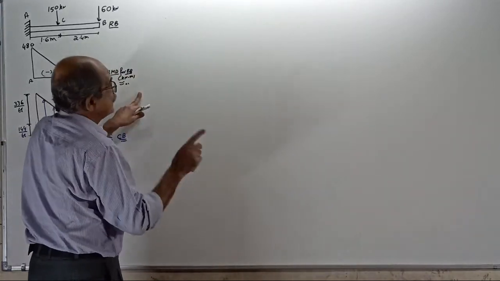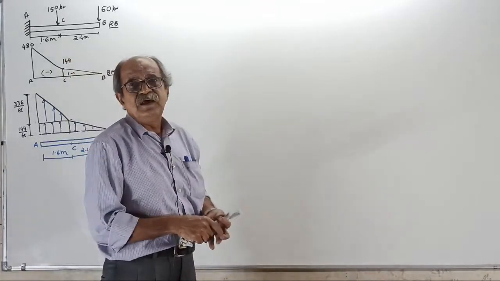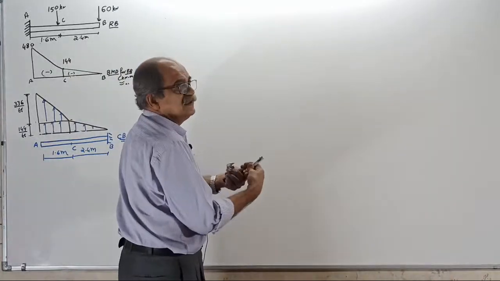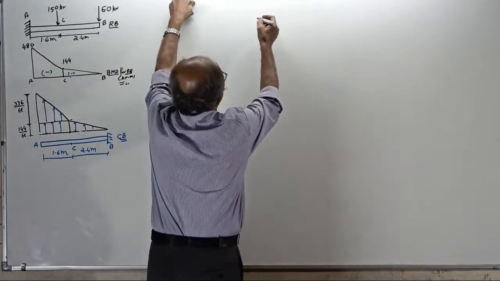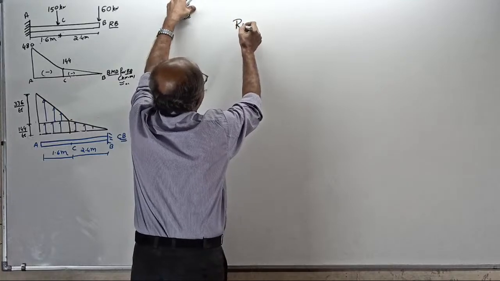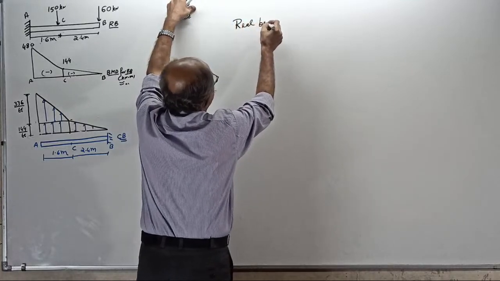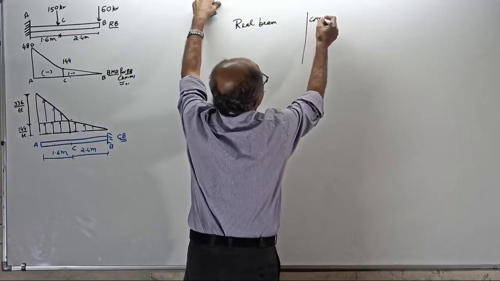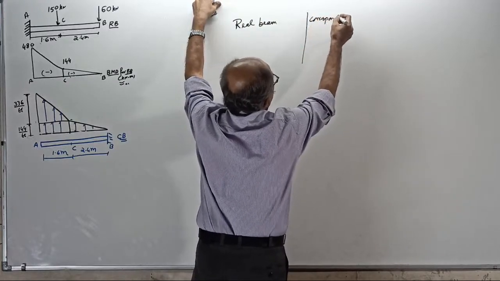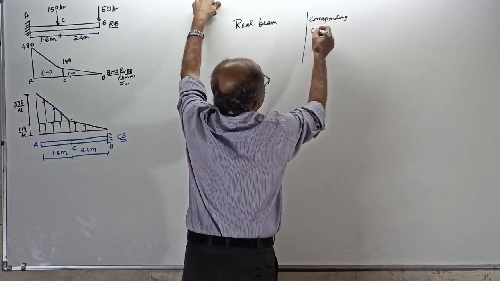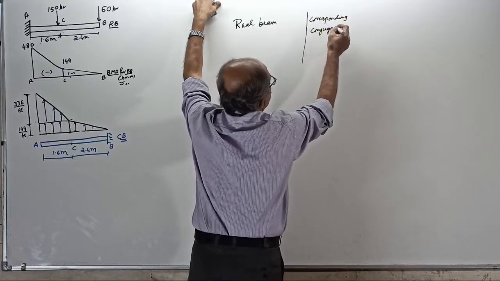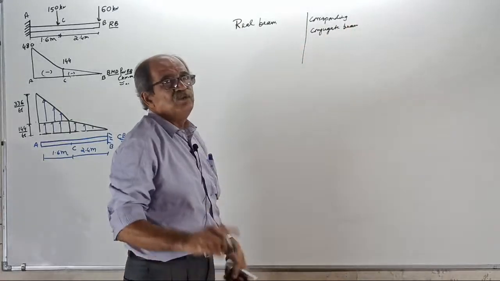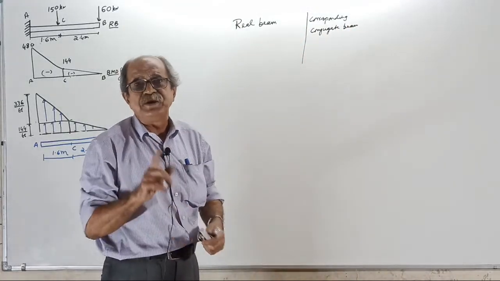Okay, start. First, before going further, some information. I told earlier, it is the real beam. Make a note, real beam. This is the corresponding conjugate beam. At the end of this chapter, I will explain all the concepts required for objective questions.